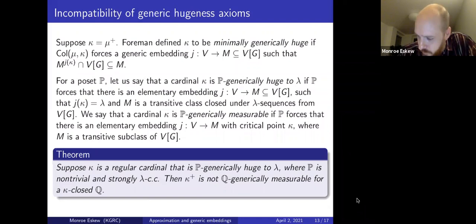So in the Handbook of Set Theory, in Matt Foreman's chapter, there's a section at the end that's more philosophical. The chapter is all about generic elementary embeddings. And for many years, he had thought about very strong kinds of these things and their many combinatorial consequences.